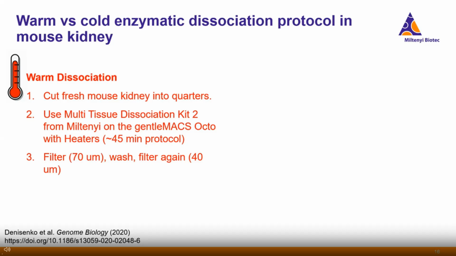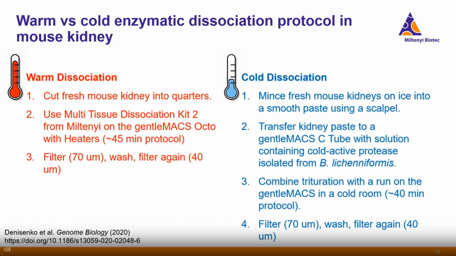Compare that to the cold dissociation protocol, where first they had to mix the fresh mouse kidneys on ice into a smooth paste, and then they transferred that kidney paste into the gentleMACS C tube, which also works on the dissociator, with their own enzymatic solution containing the cold active protease.